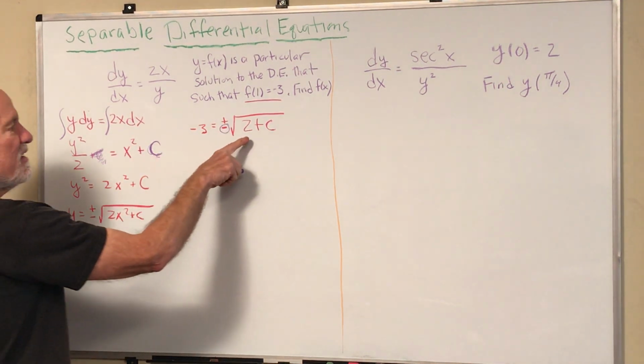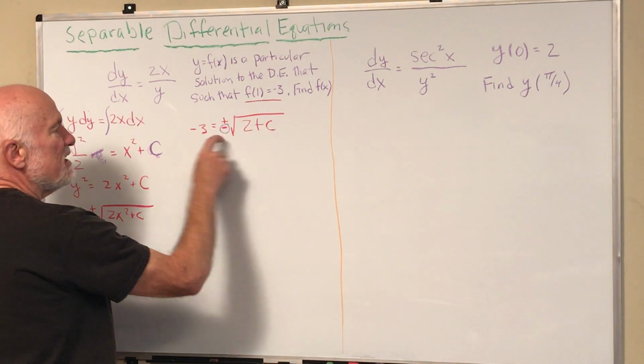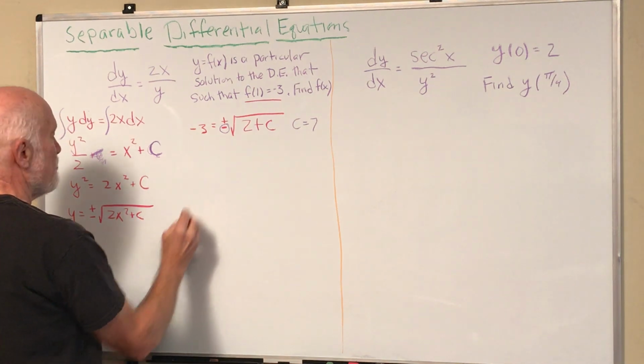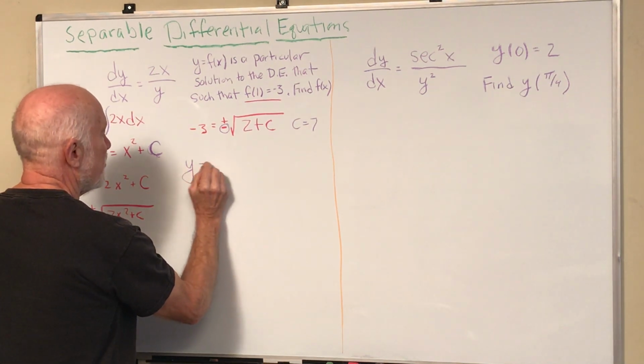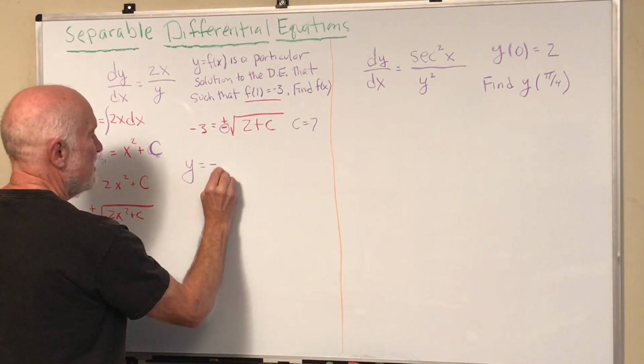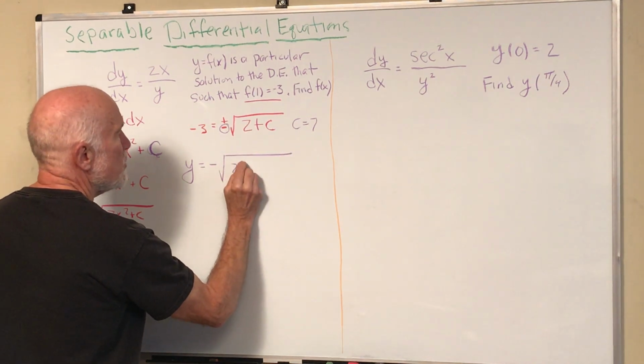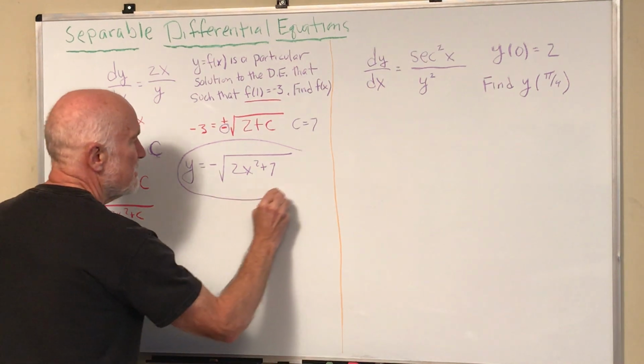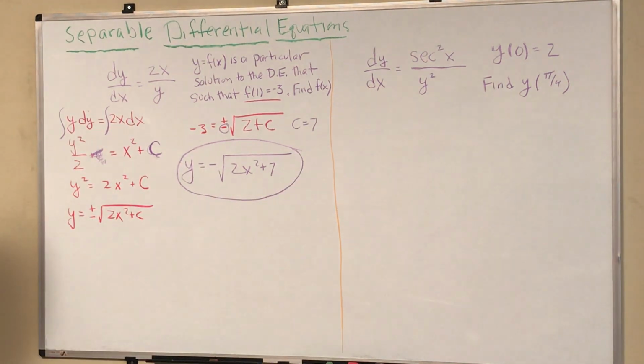And the square root of 9 is equal to 3, so c must equal 7. So that means we can write y equals minus the square root of 2x squared plus 7. And that would be the solution that we're looking for.